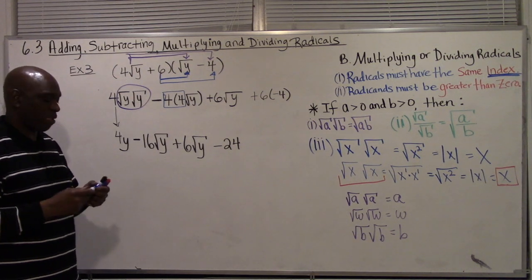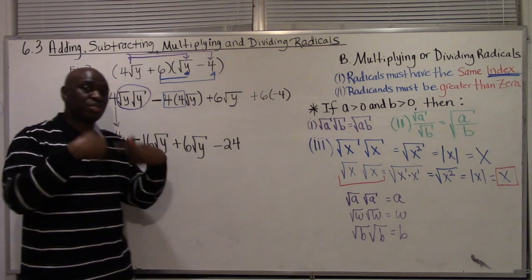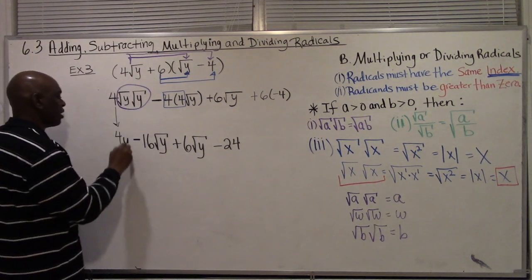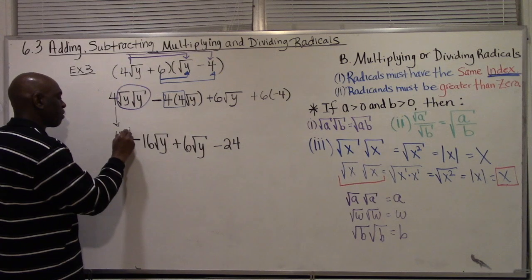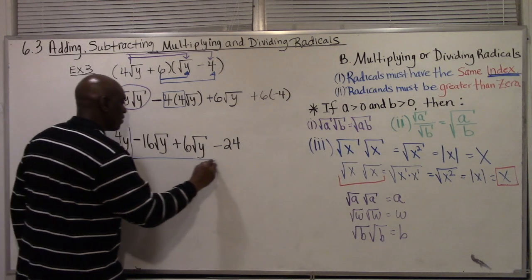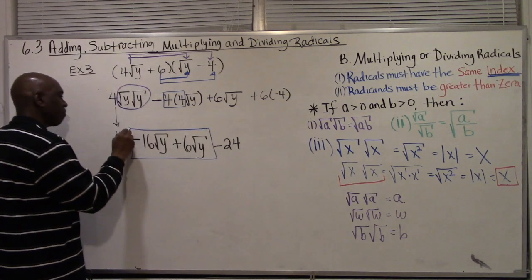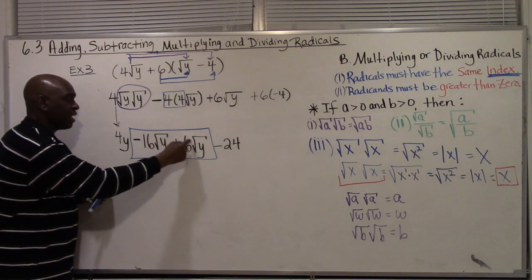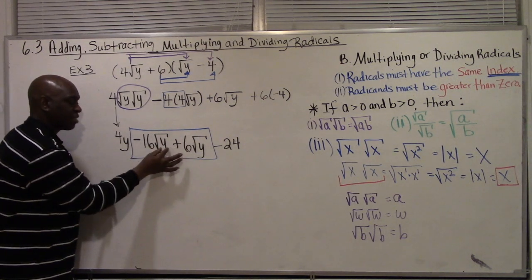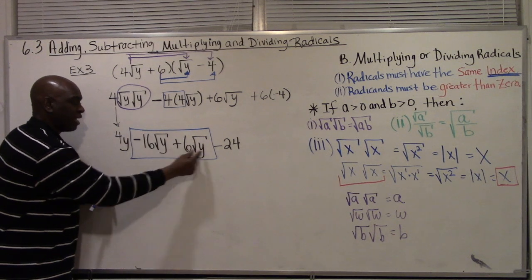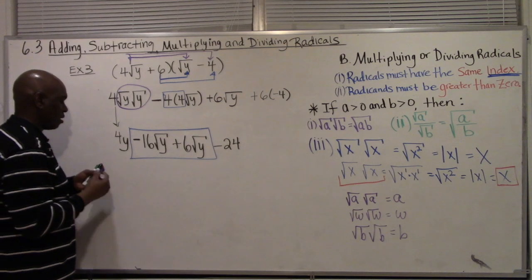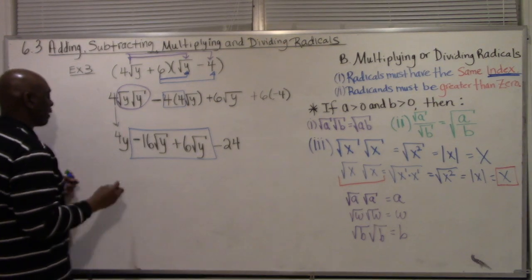Now you got to go back to what we just talked about with the adding and subtracting and look at this portion that I'm about to put in the block right here. You got to simplify this piece right here now. Simplify that. Because they have the same index and they have the same radicand. Radicands are the same, the index are the same. You can simplify it. So bring down 4y.